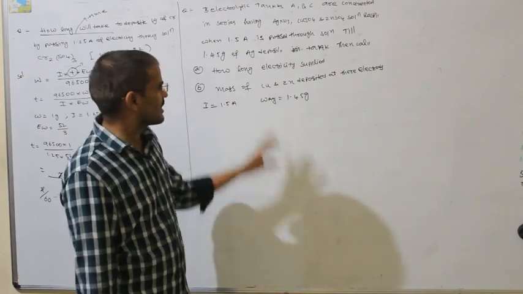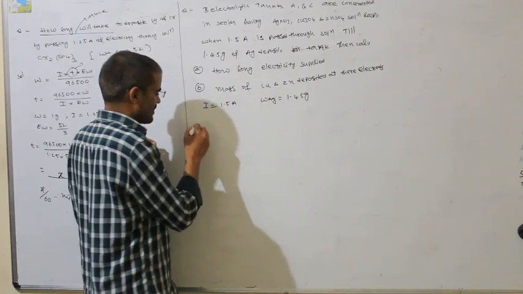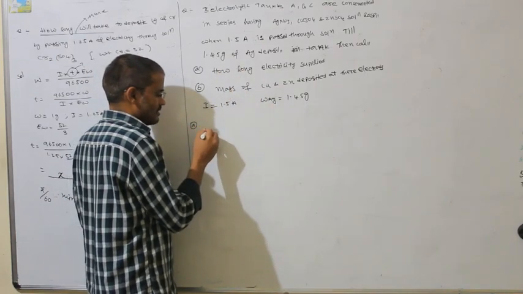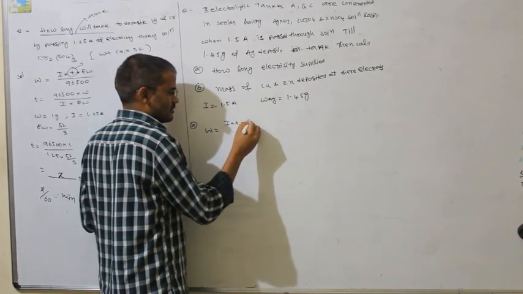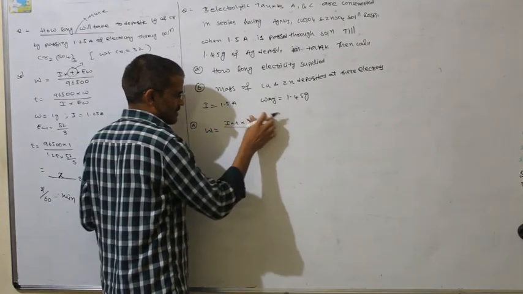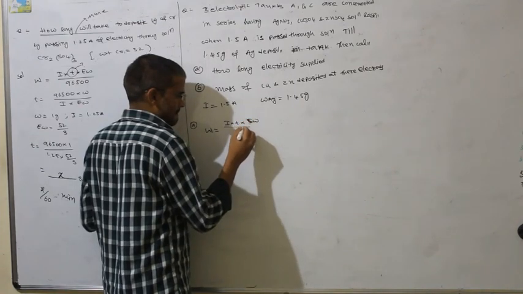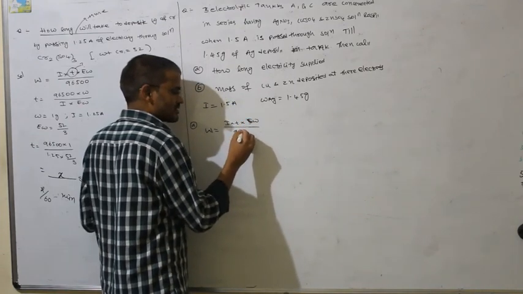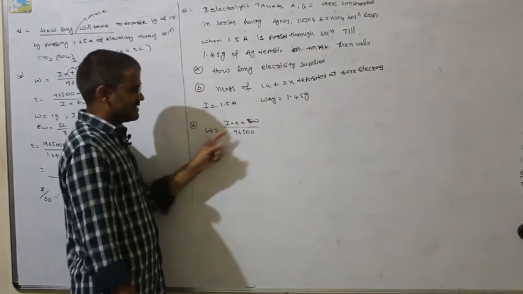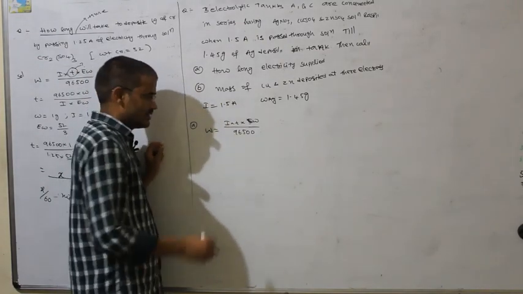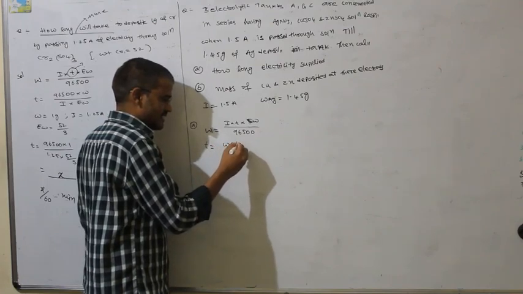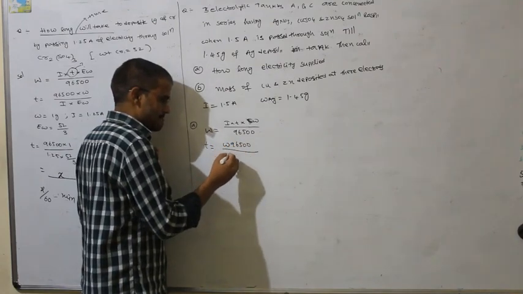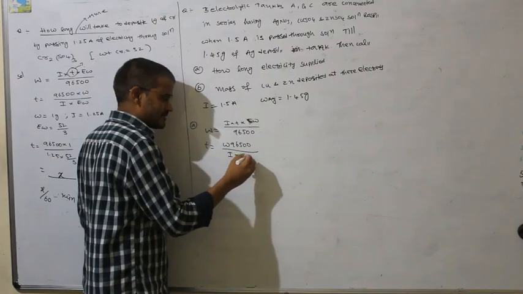Before going to that, let me solve the first question, A. W is equal to I into T into equivalent weight by 96500. We need T only. So T is equal to W into 96500 by I into equivalent weight.